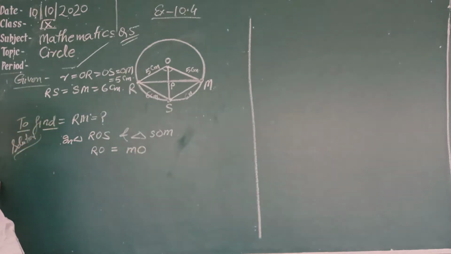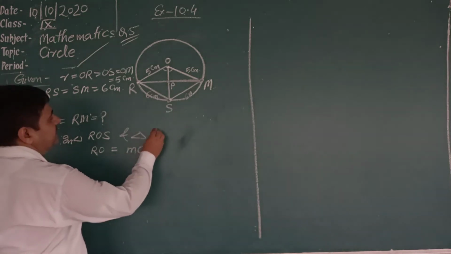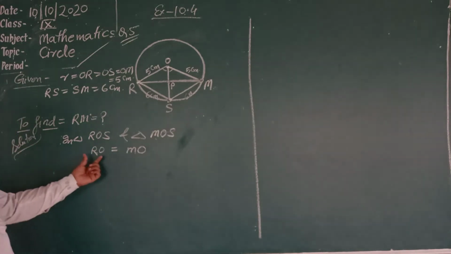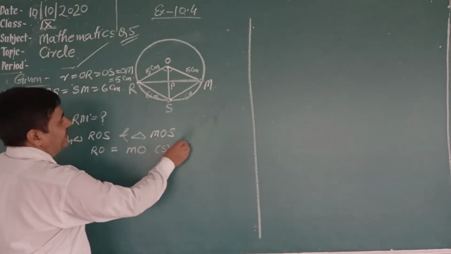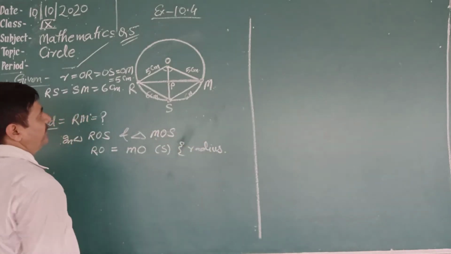Or we can write it as MOS, that is the same thing. So RO is equal to MO, and this is a side and it is a radius. Okay, it is a radius, therefore both are equal.